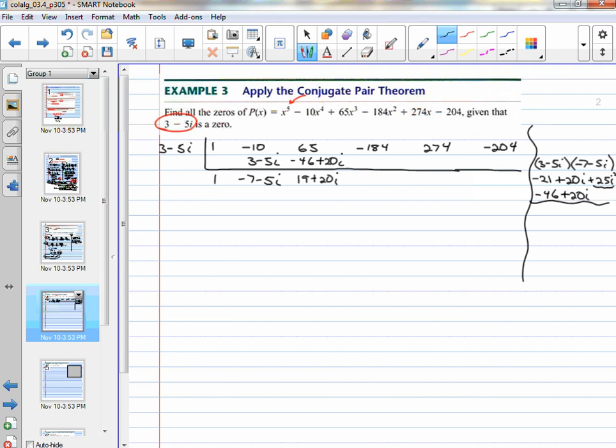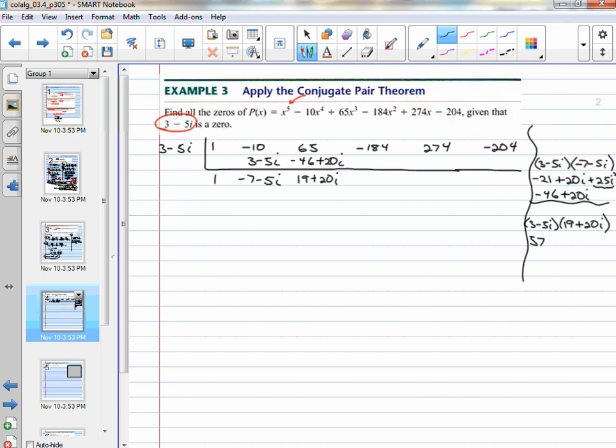So we have 3 minus 5i times 19 plus 20i. So 3 times 19, how much is that? 57. Outside is 60i. Negative 5 times 19, what's that? 95.